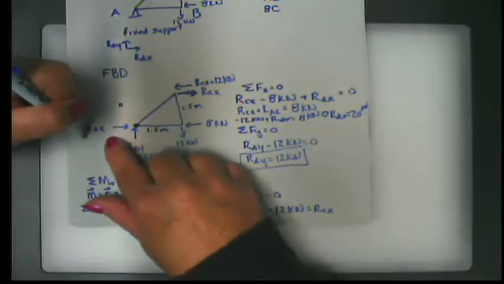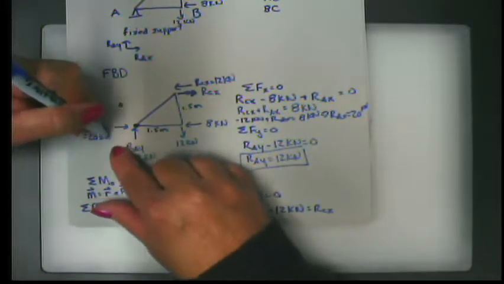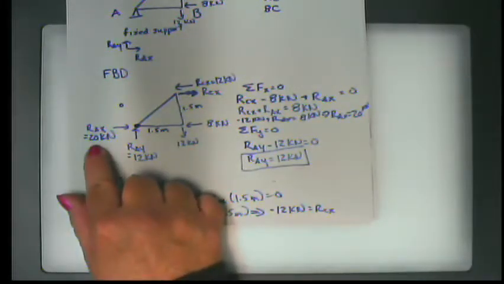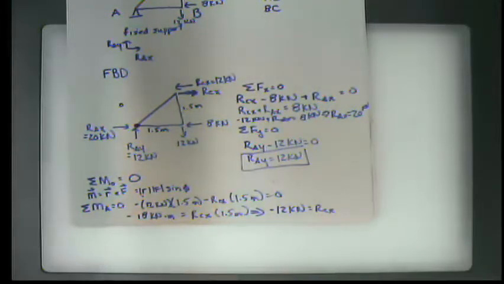So this is 20 kilonewtons. Okay, now I've done my free body analysis on the truss. Now think about this. If I'm pushing this way and pushing this way, it makes sense that RAX is going to have to be quite large, isn't it? In other words, that fixed support is the only place that I am bearing that load. That's it, right?